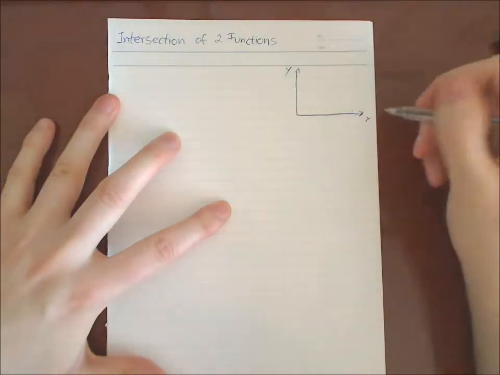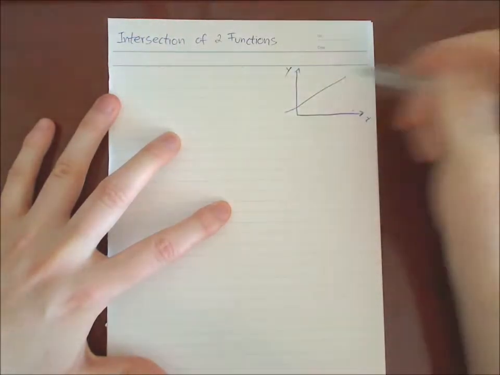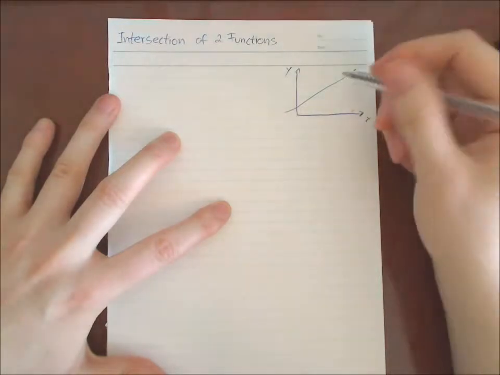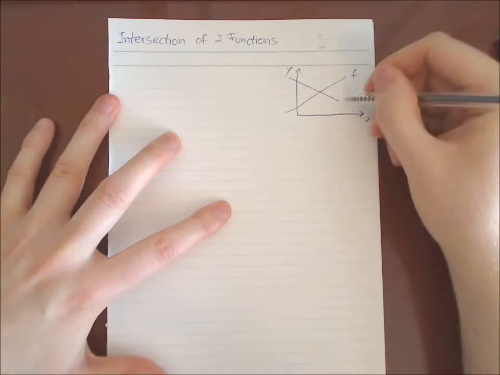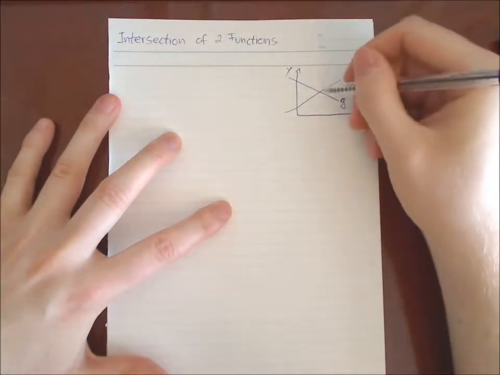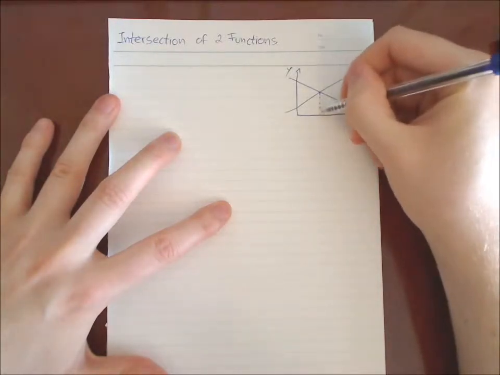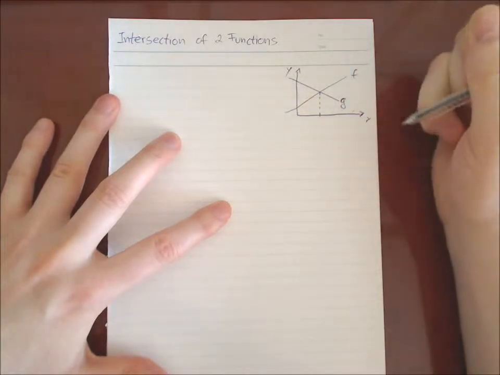So y-axis, x-axis, and we have two functions. In this case, two linear functions. This one I call f, the other one I call g, and when you want to calculate the intersection, it is very easy.